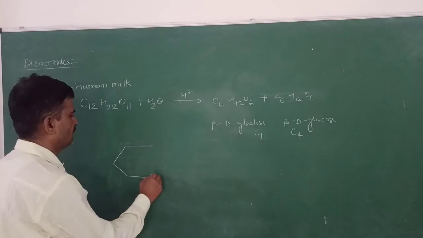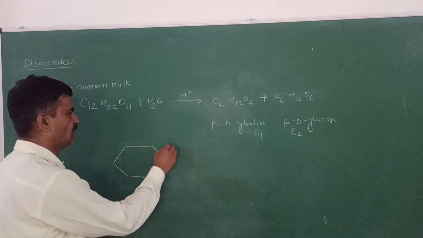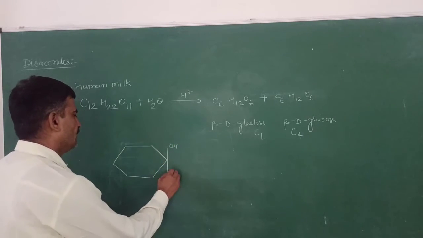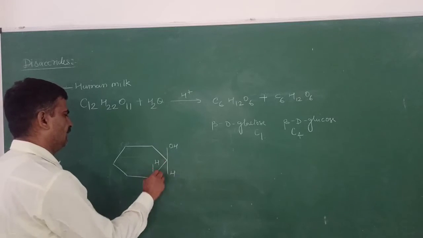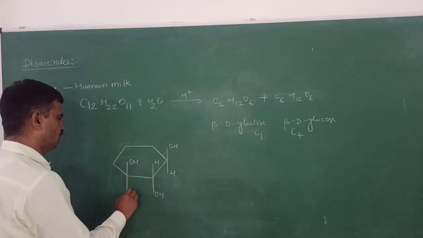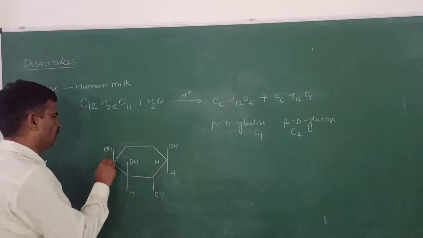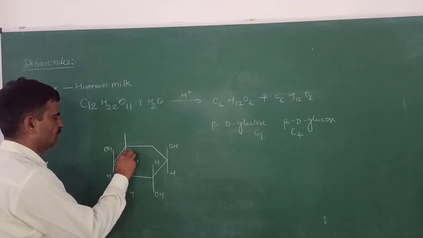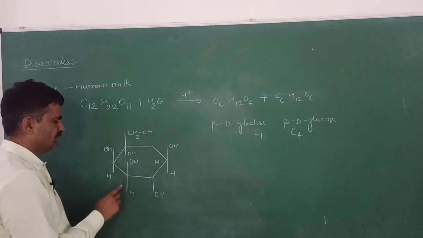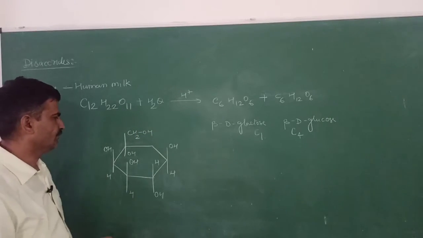Now this is the example, our formula of beta D galactose, and there is a change in configuration at both the third carbon and the fourth carbon atom.